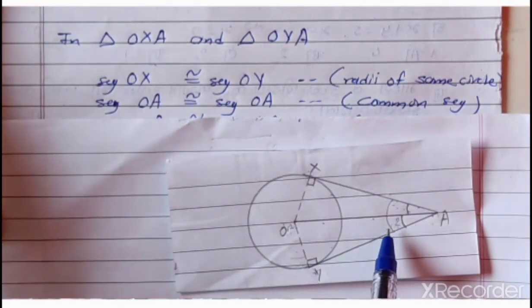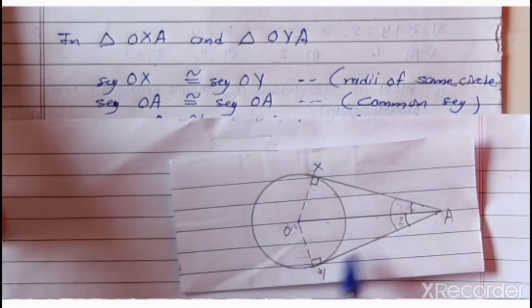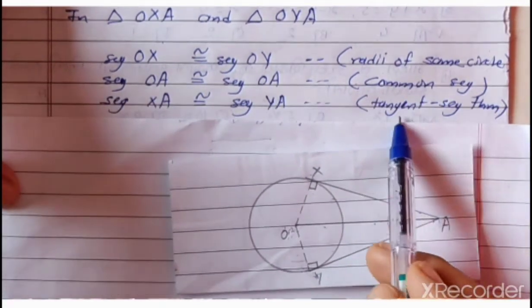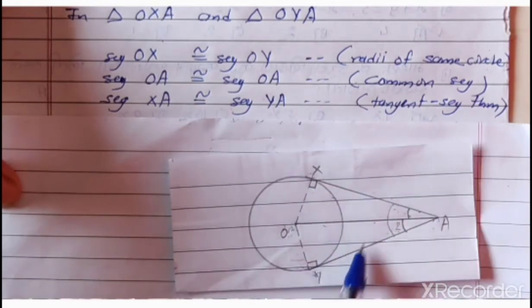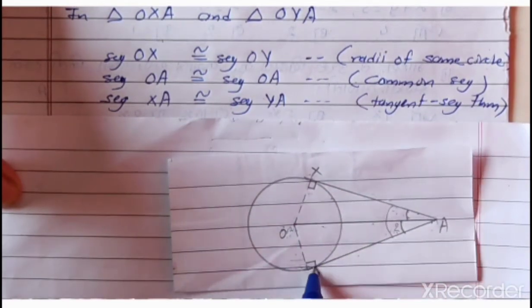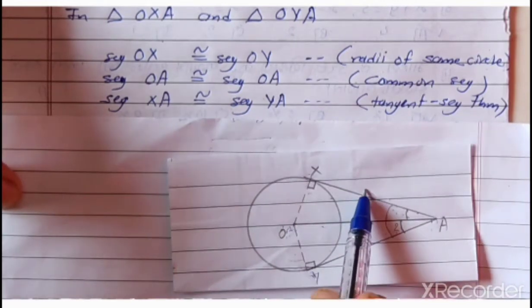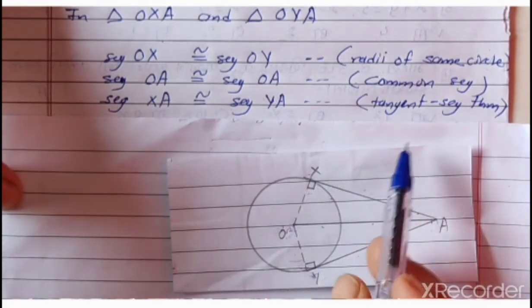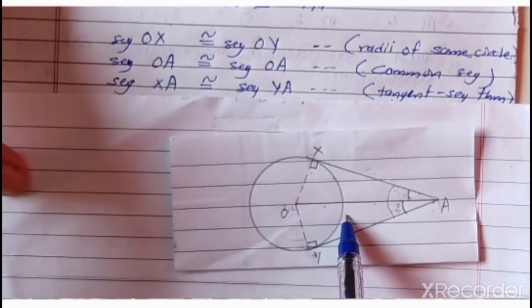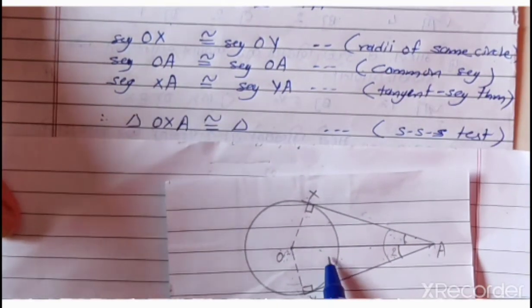This is the common segment, and XA and YA are two tangent segments. So by using the tangent segment theorem, you can say these two segments are congruent. You can use the 90-90 angles also, but here I prove it by a different method. So by using the side-side-side test, these two triangles are congruent.